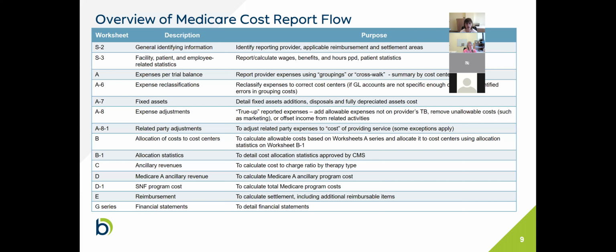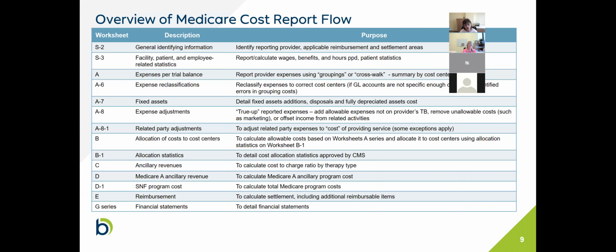And then the cost report calculates the true cost of services provided beyond the expenses that are on your trial balance. Section C is ancillary revenues, and we report all ancillary service charges, not just Medicare, but all insurance, all types of patients.